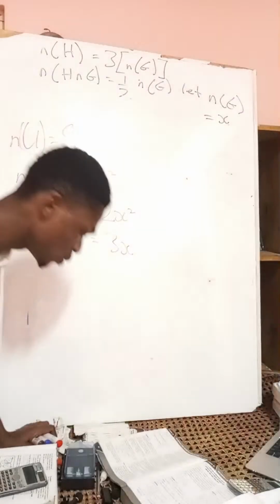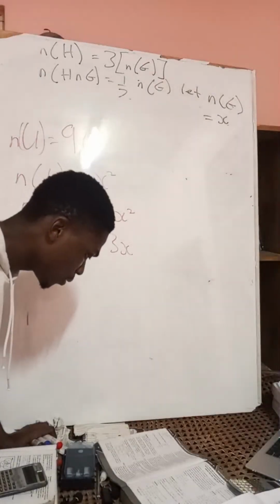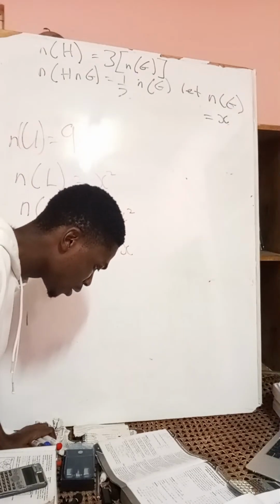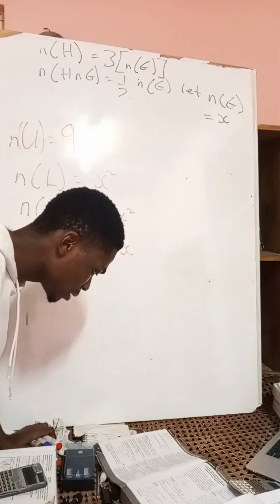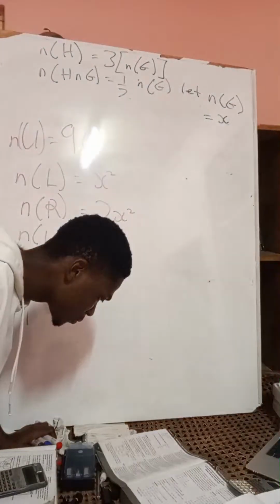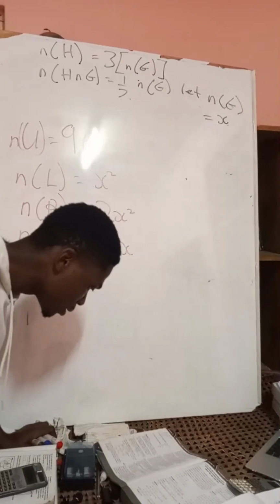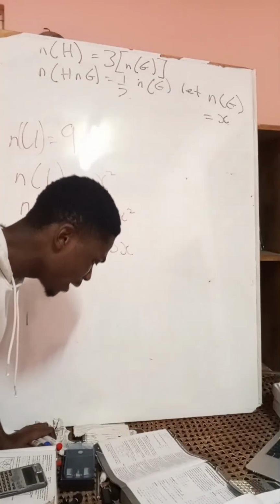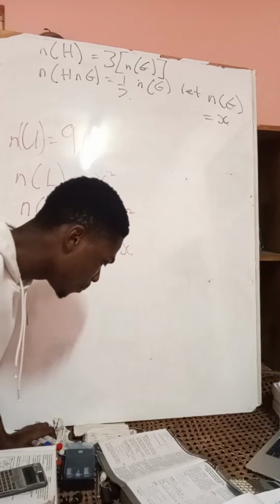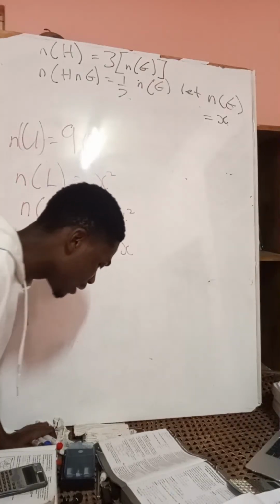I've written everything for you here. The question says: find the number of people who can play with both legs.